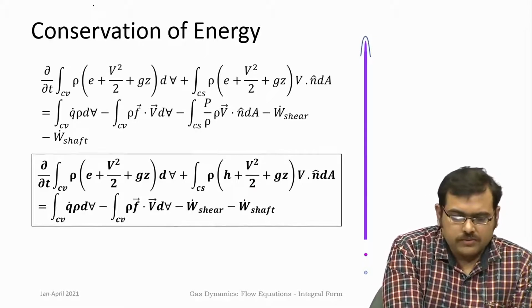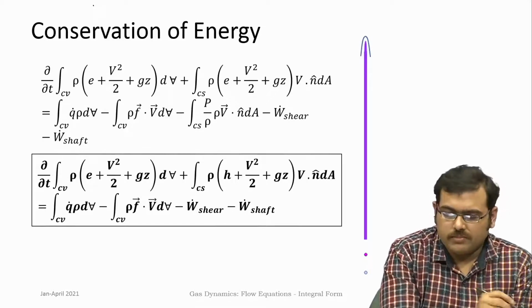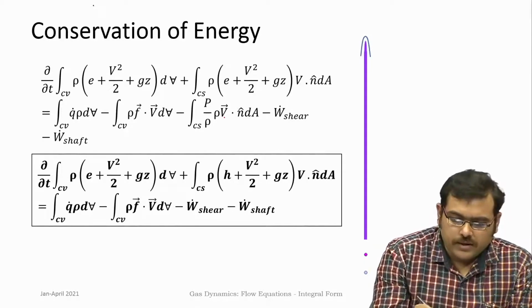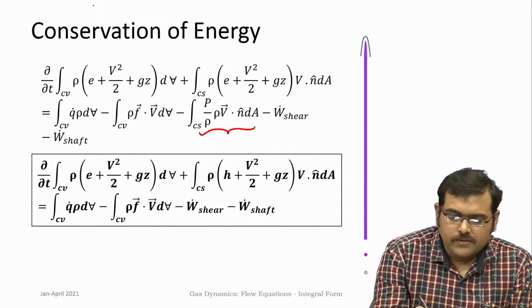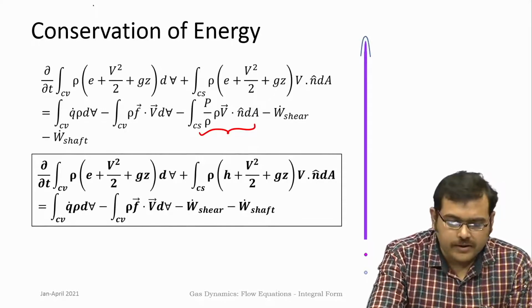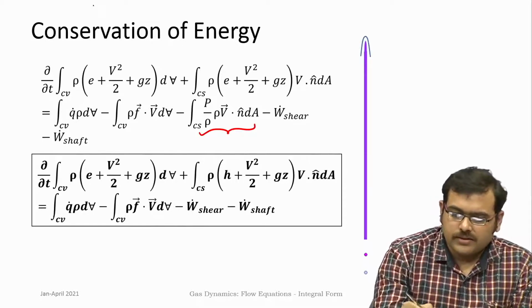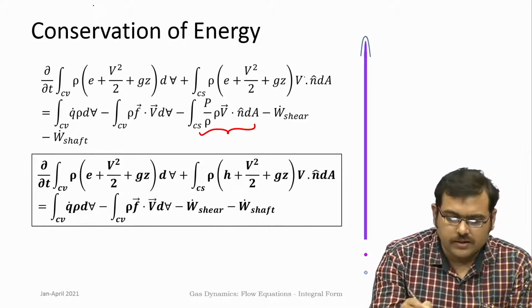Now we can also carry out a small transformation, because you have this variable, minus p by rho multiplied by v. So this variable can be included within this. This is over the control surfaces, while this integration is also over control surfaces.